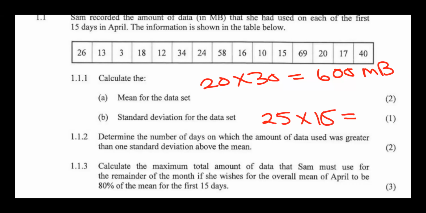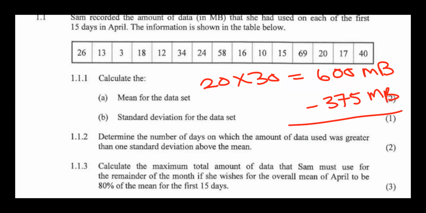Is that 300? 375. 375, okay. So she already spent this much, which means if she wants to average 20 megabytes every day, she now only has, let's see, if we minus this, we'll get 225.